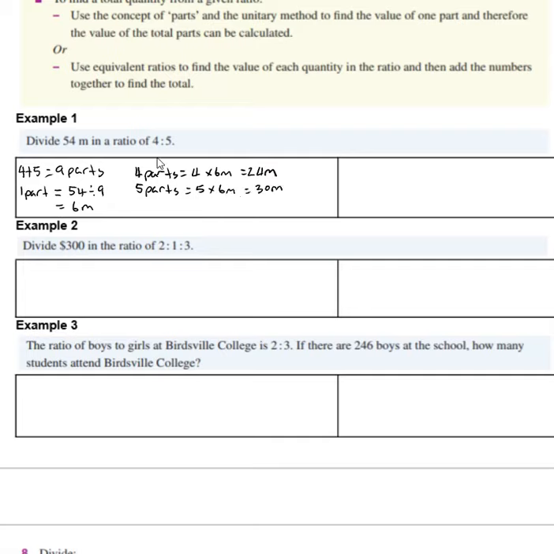So now my ratio of 4 to 5 is 24 meters to 30 meters. Now the important part of this is 30 meters, not 60 meters. I screwed that up. Let's just write down 30 meters. And it's important to note that the 24 plus 30 should equal the 54, if you've done it correctly.